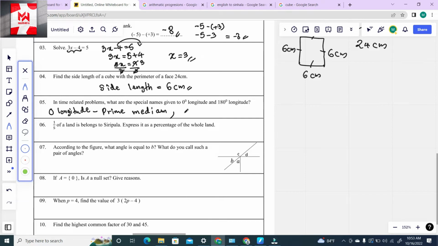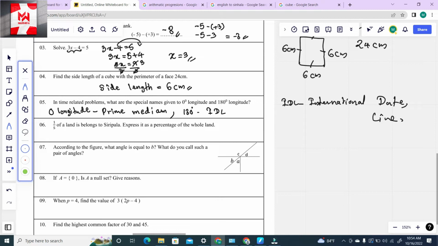And the other one, the 180 longitude, we call the IDL. IDL means international date line.